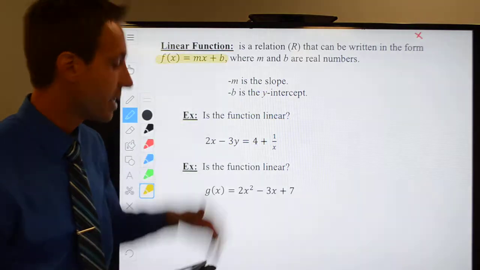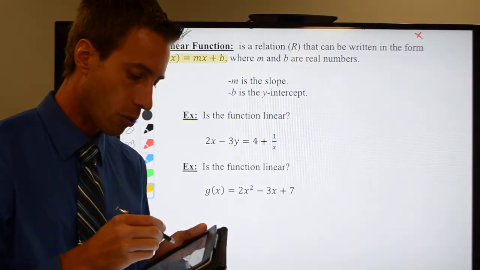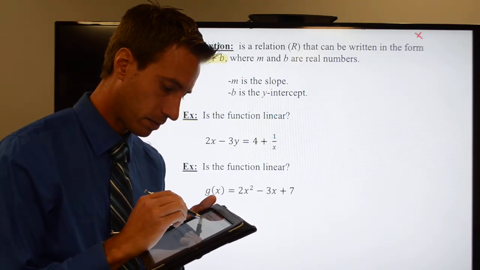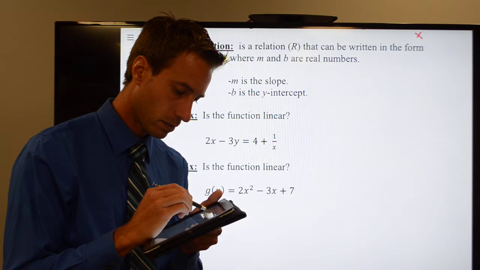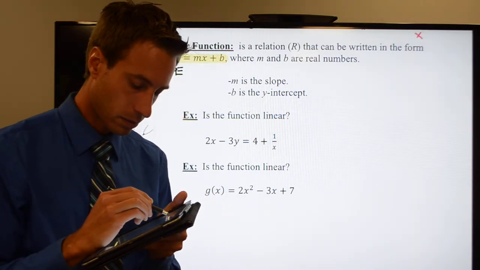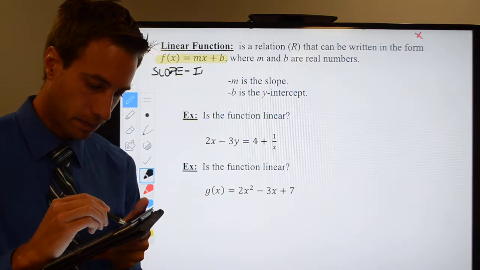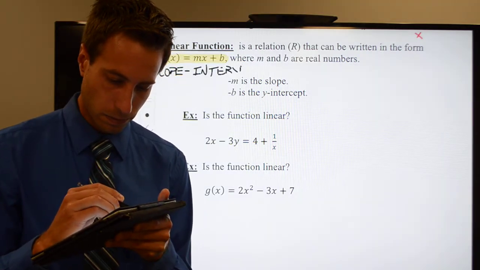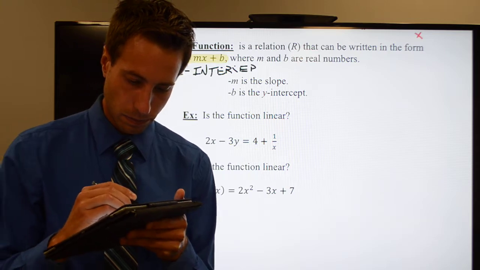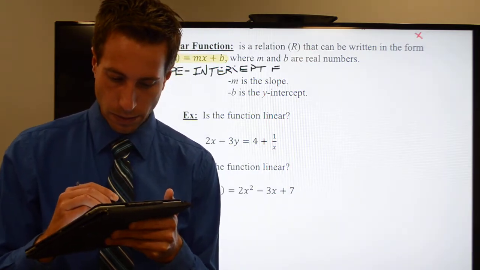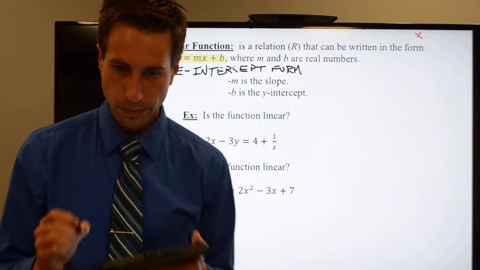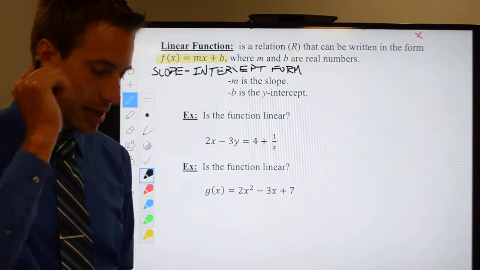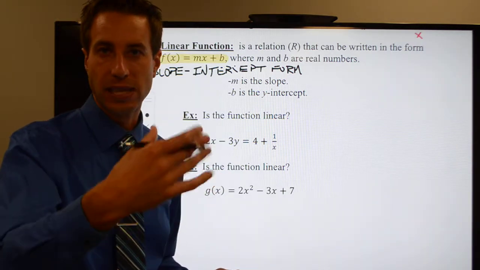Please remember that this is what we call the slope-intercept form.